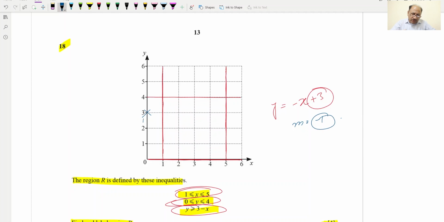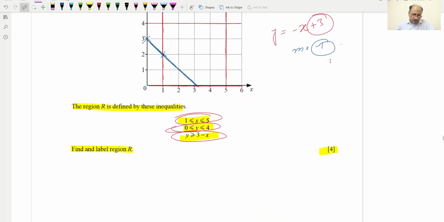So from this 3 point, we can go 1 unit down and 1 unit right. So our point will be this one. We can draw this point with the help of the gradient. We can find this, so this will be our line.